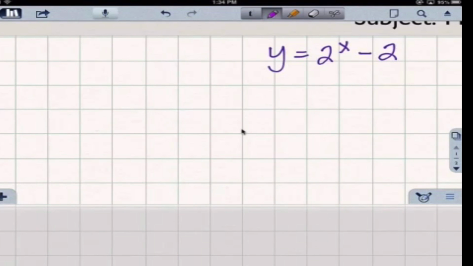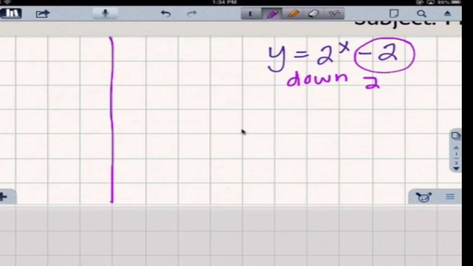But if we just look at this, we know that this -2 here means that everything in the graph goes down 2. So if you wanted to make a new XY chart because you forgot about the transformation, you could, and that's fine. I'm actually just going to trust our transformation here.